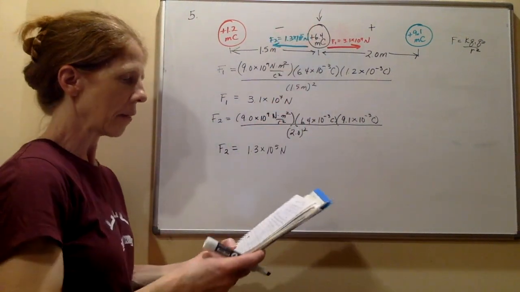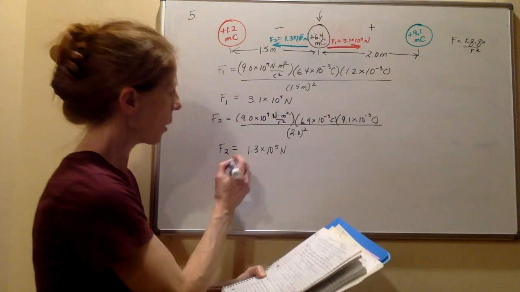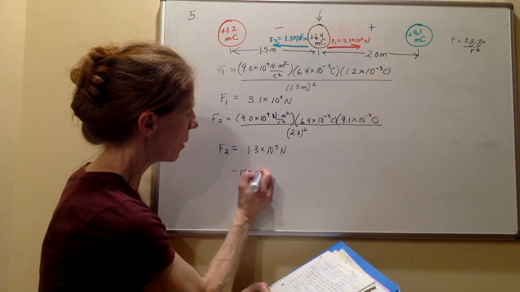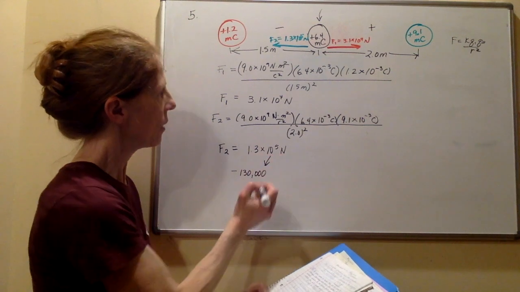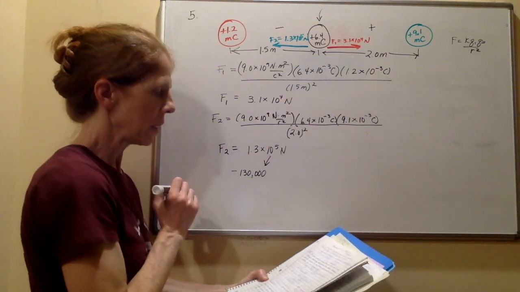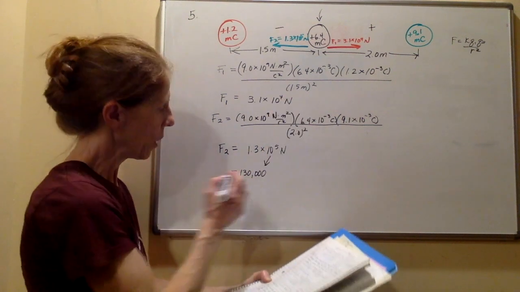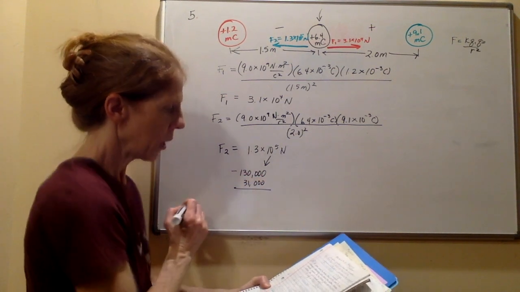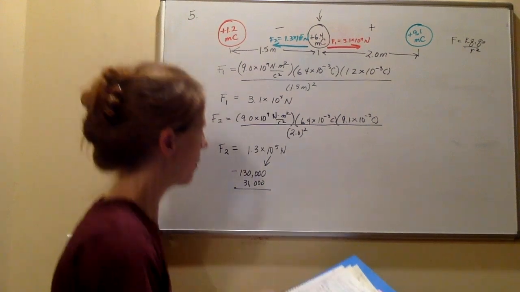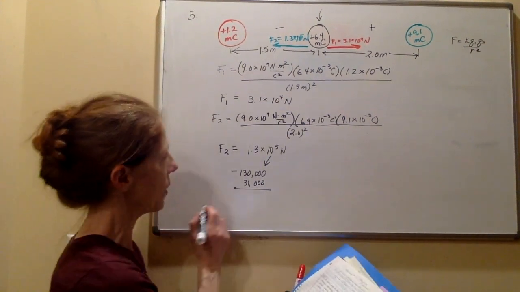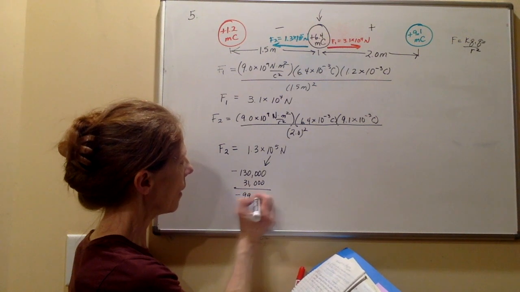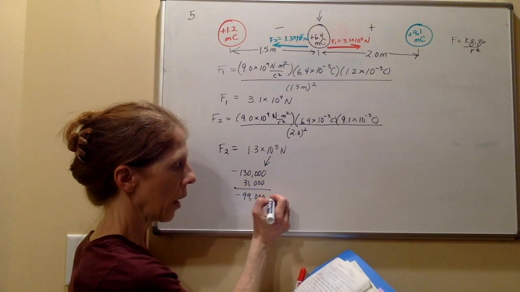So what have I got? This here is negative 130,000, and this 3.1 times 10 to the 4th is a positive 31,000. When I add this negative and this positive together, I get negative 99,000 newtons.